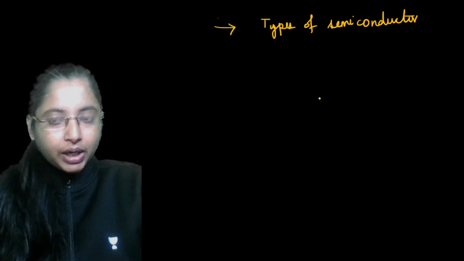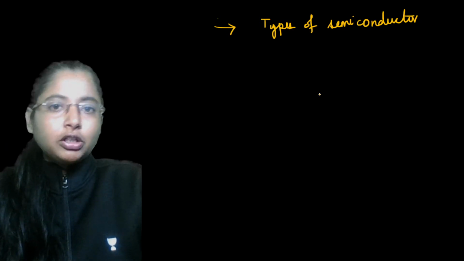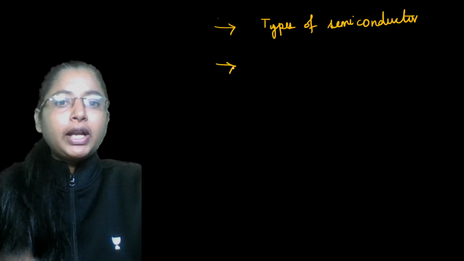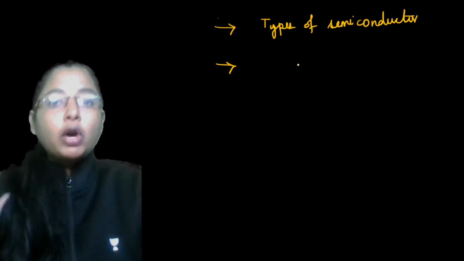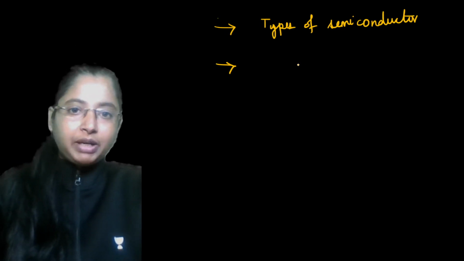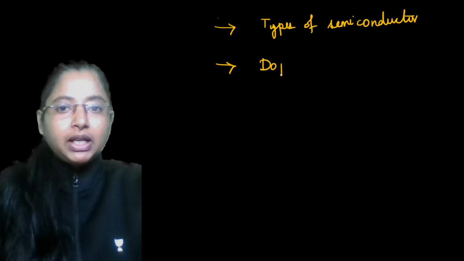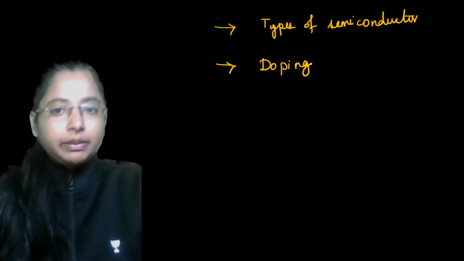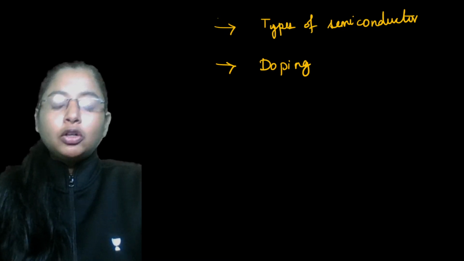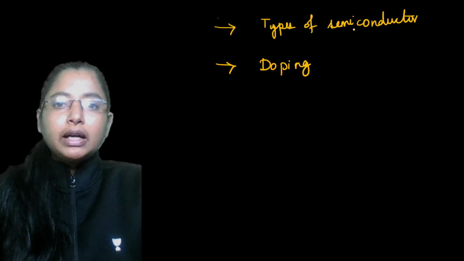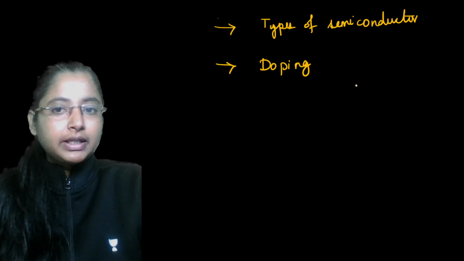Another important question, for 1 mark or 2 marks, you can expect something like, what is doping? What is an intrinsic semiconductor? What is an extrinsic semiconductor? Give at least 1 or 2 differences between intrinsic and extrinsic semiconductors.